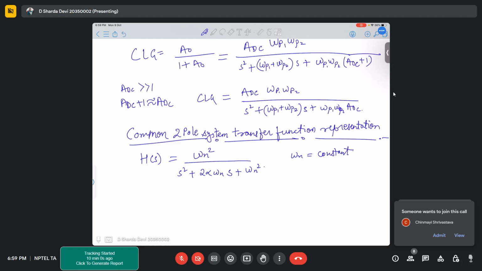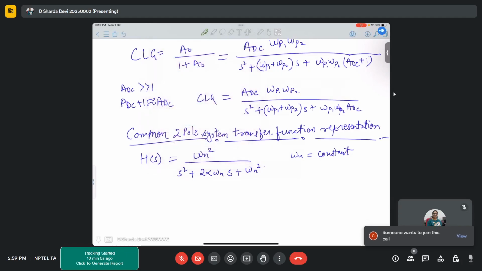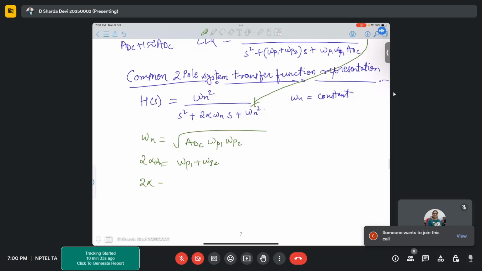Now from here, if you observe, these two are actually equivalent, correct? And from here you know that omega n is root under ADC omega P1 omega P2, and 2 alpha omega n is omega P1 plus omega P2, which makes your 2 alpha as (omega P1 plus omega P2) upon root over (ADC omega P1 omega P2).